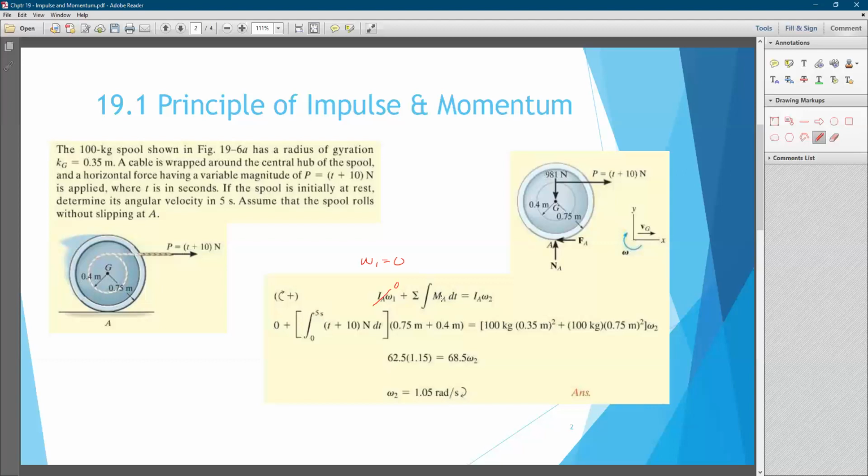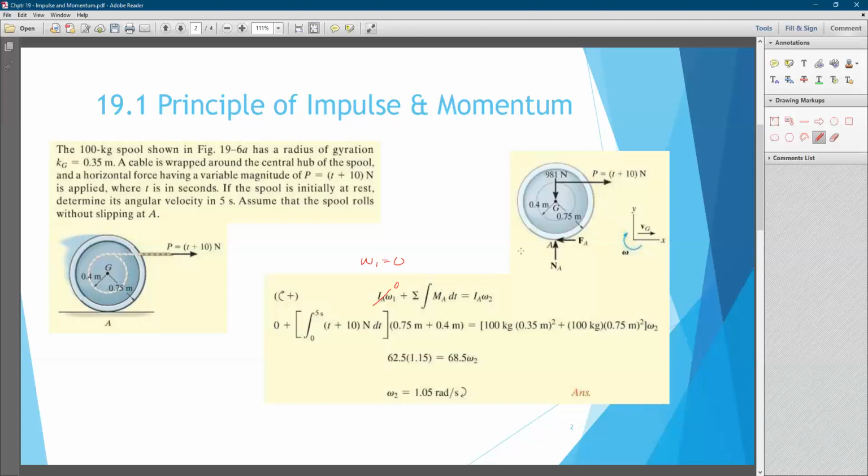So M_A, the moment acting at point A here. We know that we have a force P, where P is equal to t plus 10 Newton.